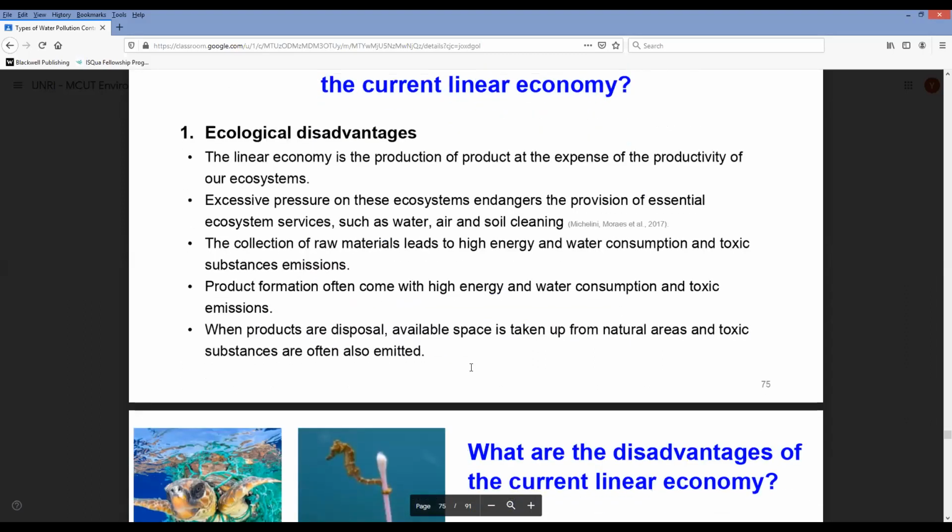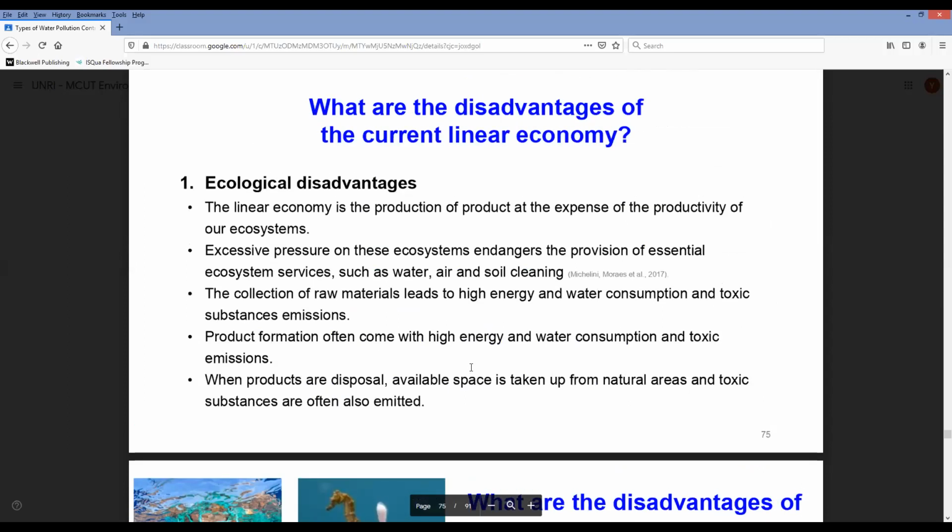So what is the disadvantage of the current linear economy? The first one is ecological disadvantage. The linear economy produces products at the expense of the productivity of our environment.